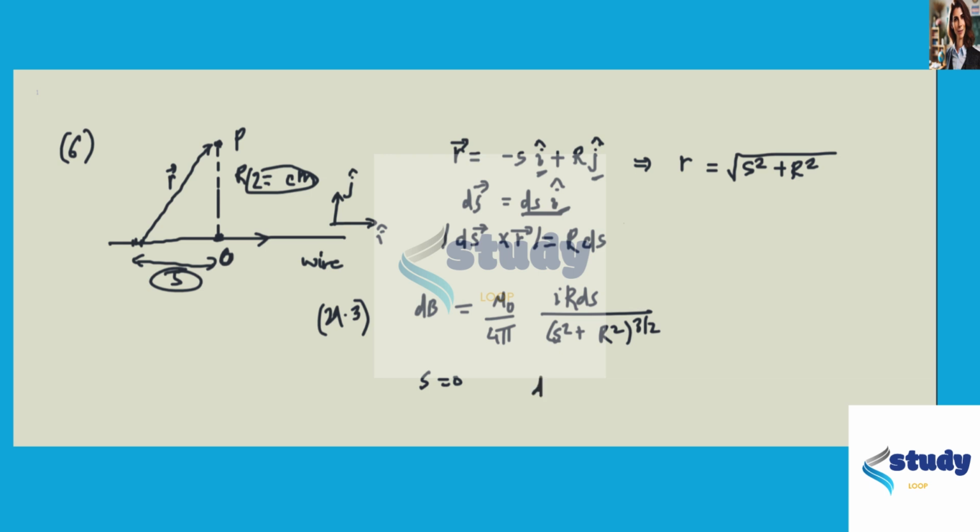So we have dB max as mu naught divided by 4 pi I r ds over r cubed, which basically gives us dB max as mu naught divided by 4 pi I times ds over r squared.